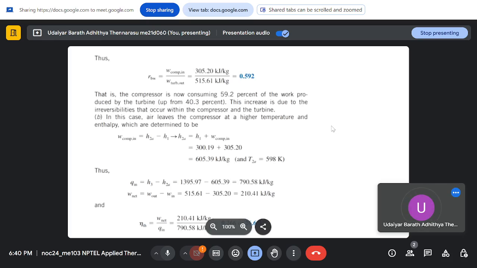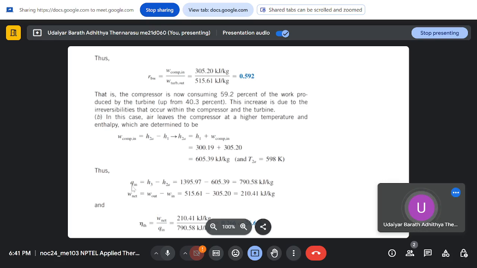Again with this we can find out the actual enthalpy. Previously we know the inlet enthalpy H1, and now we have found out the compressor work. Adding those will give you the exit enthalpy, which is 605.39 kilojoule per kg. Corresponding to this condition and the pressures, your temperature is 598 Kelvin, and similarly we can find out the heat added.